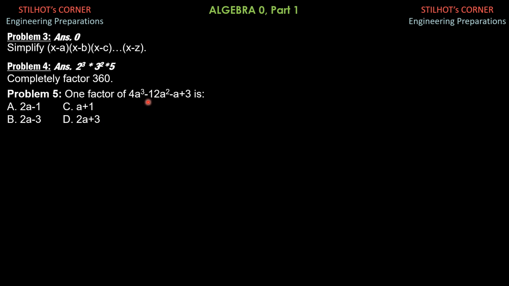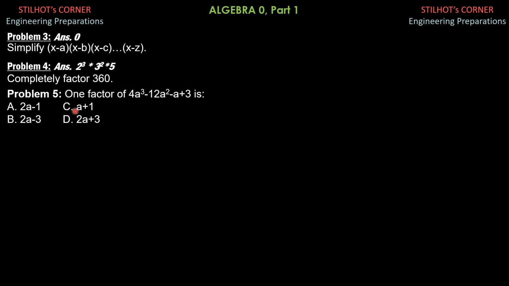If the value of this polynomial when x is 1/2 is 0, then that means 2a minus 1 is a factor, and one root is indeed 1/2.